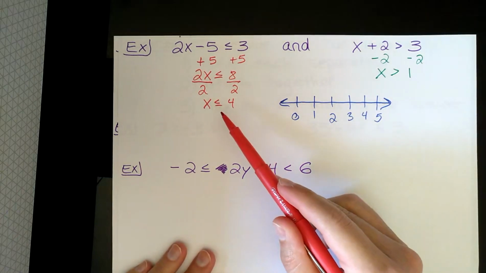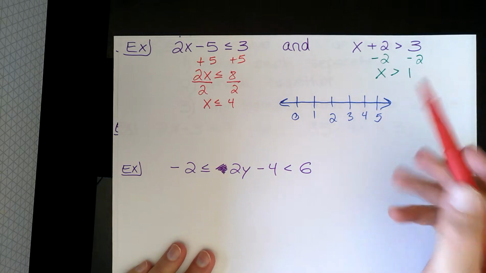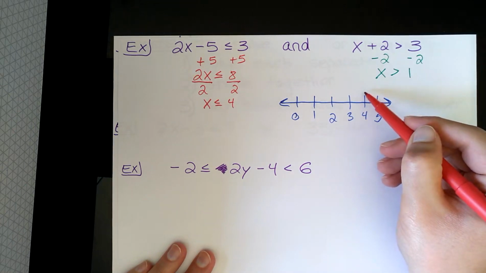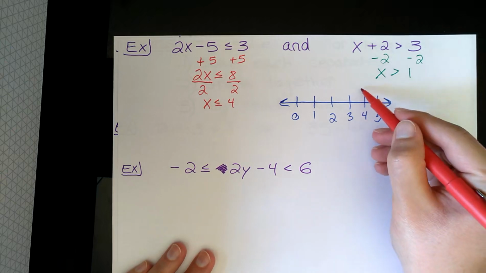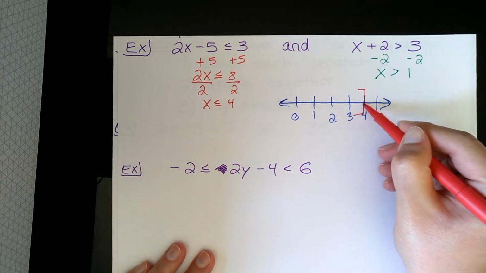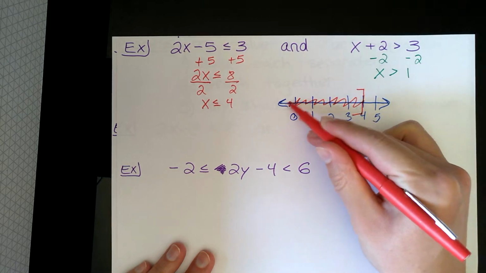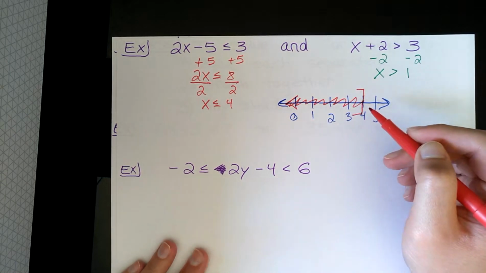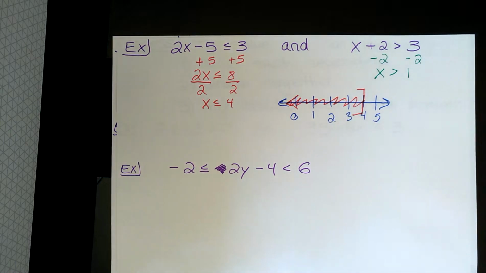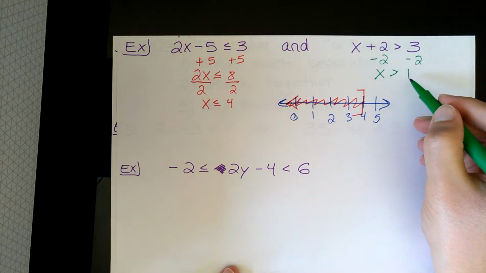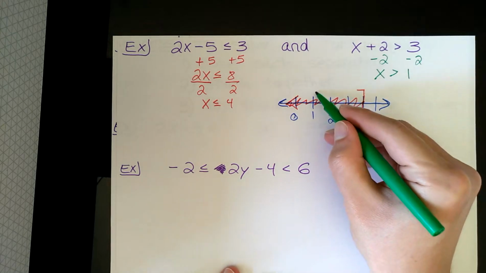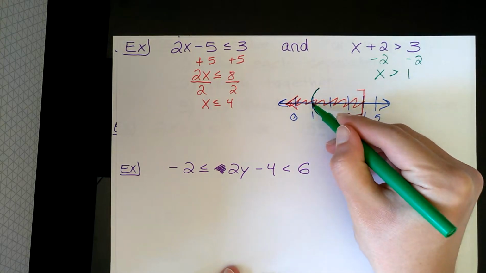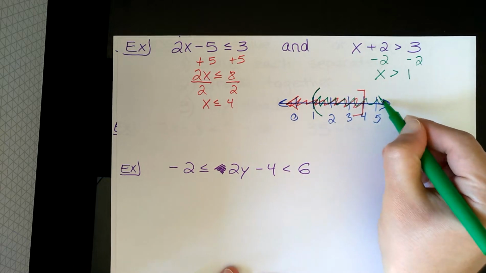And from here we have x is less than or equal to 4, so at 4 there's going to be a bracket, and it's going to point to the left because it's less than, and we put another arrow. And now from there, we have x is greater than 1. That means we have a parenthesis because there's no equal sign. So at 1, we put a parenthesis, and we shade to the right.